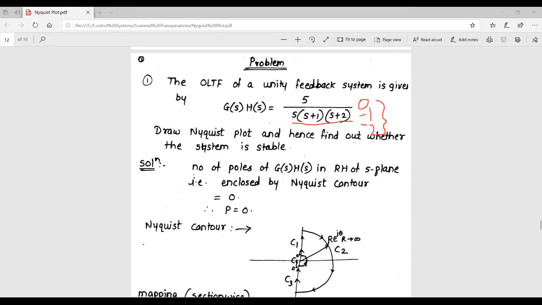Please understand, we are analyzing the open loop transfer function to comment on closed loop stability, right? So no pole lies in the right half of the s-plane, and that is why we conclude that P is equal to 0. There are no zeros, so Z is automatically equal to 0.